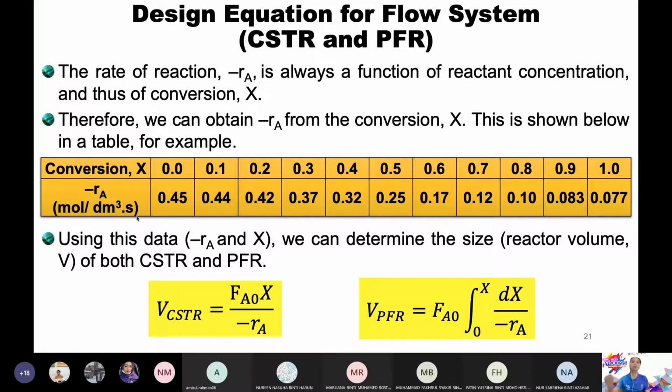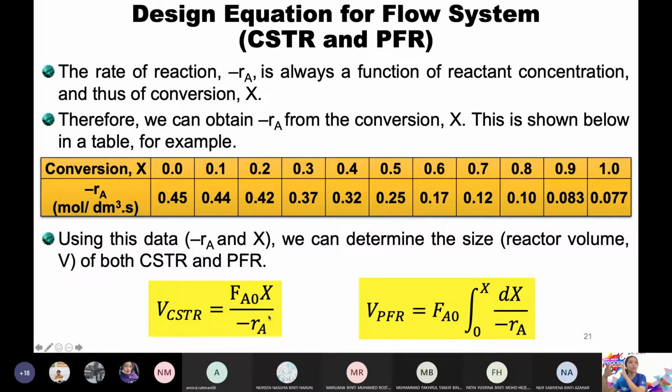Okay, so you remember last Monday, we actually dah learn to elucidate or to determine the two design equations, one for CSTR and one for PFR. Okay, so the volume of CSTR, the formula is given as equals to FA naught X per minus RA, means the volume of CSTR equals the initial molar flow rate of A multiplied with conversion over the rate of disappearance of A. Meaning, X dengan minus RA ni berkait.